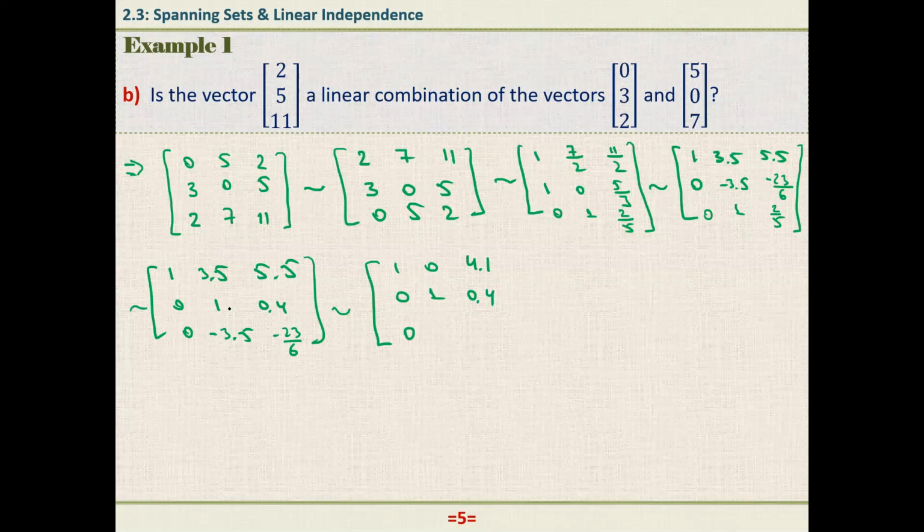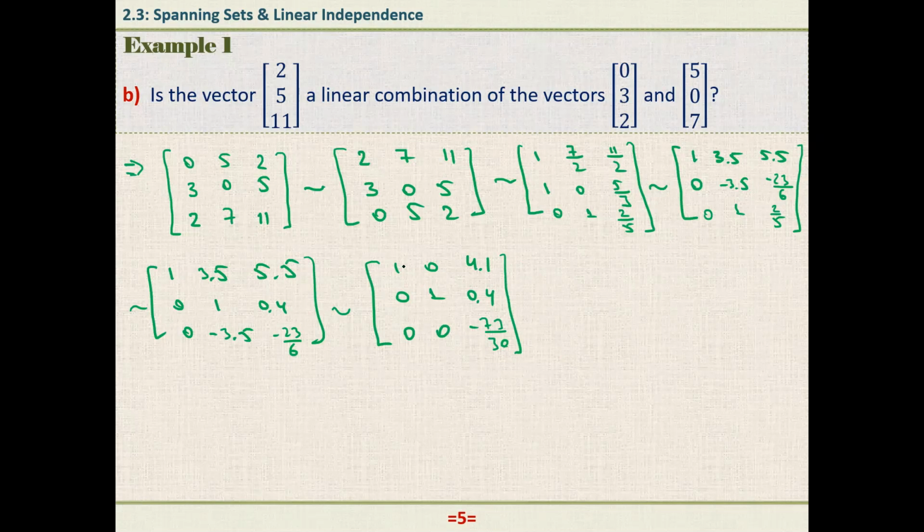And 0 multiplied by 3.5 and added to the third row is equal to 0, and 3.5 times 0.4 plus minus 23 divided by 6 is equal to minus 73 over 30. Okay. So now from here we can stop.